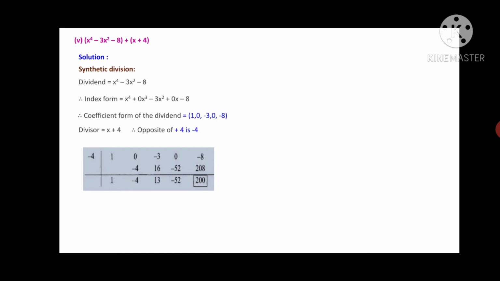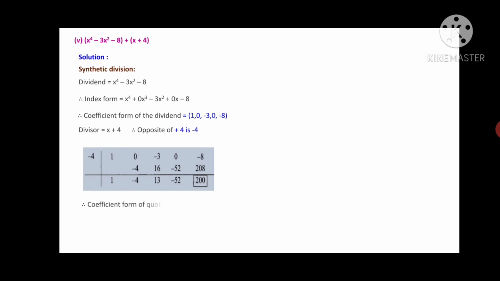Then 4 ones are 4, it will be −4. 0 plus −4 is −4. −4 times −4 is 16. −3 plus 16 is 13. 13 times −4 is −52. 0 plus −52 is −52. Then −52 times −4 is 208, and −8 plus 208, the addition will be 200, and it is put in a box since it is the remainder.